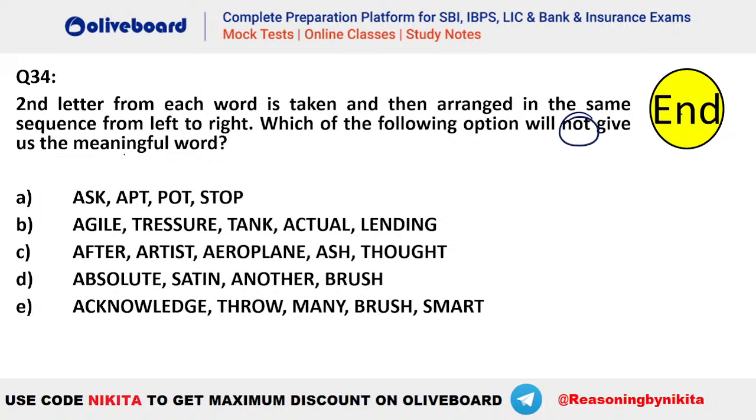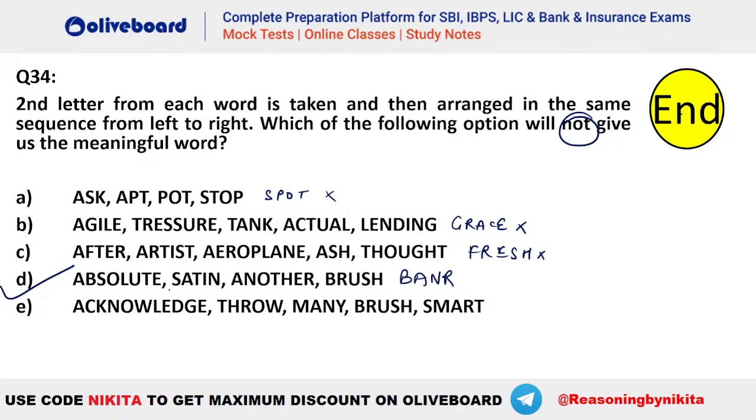So first one, you can see we have to take the second alphabet from each of the words and arrange it in the same sequence from left to right. So the first one will give you SPOT. So this is a meaningful word, so not the right answer. Second one, GRACE, that is again a meaningful word, so not the right answer. Fresh, so FRESH, again a meaningful word, right? So not the answer here. BANR, that's not a meaningful word, that means it has to be option number D.